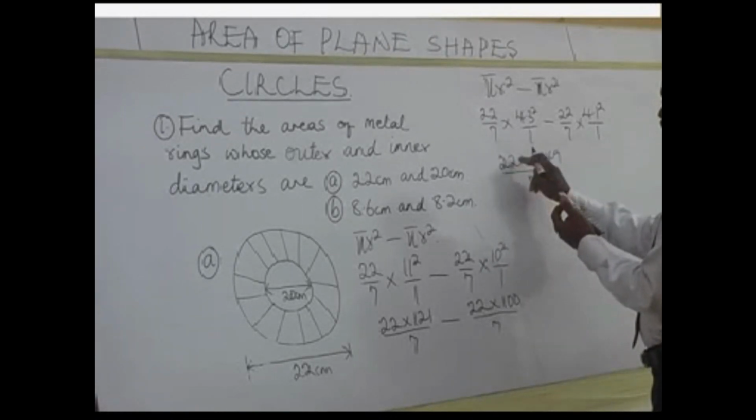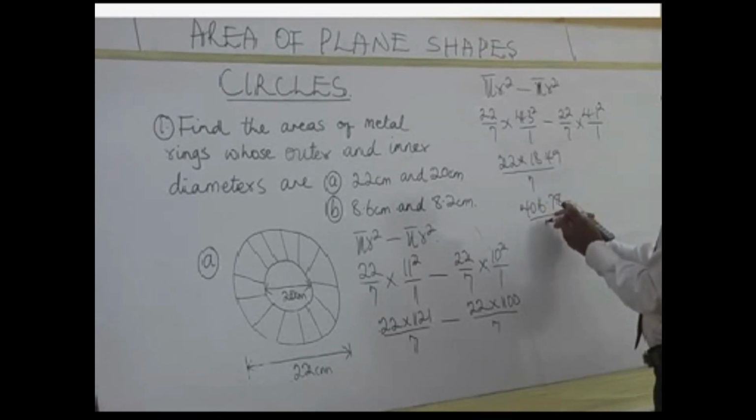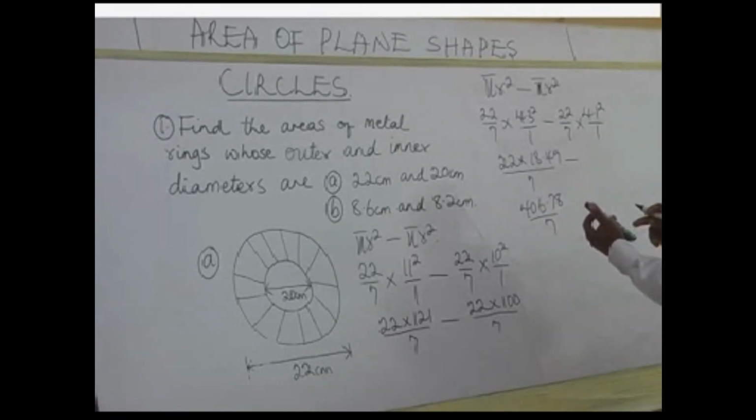When I multiply this with 22, I got 406.78 all over 7. Minus, let's do the same thing here, 4.1 times 4.1, then times 22.